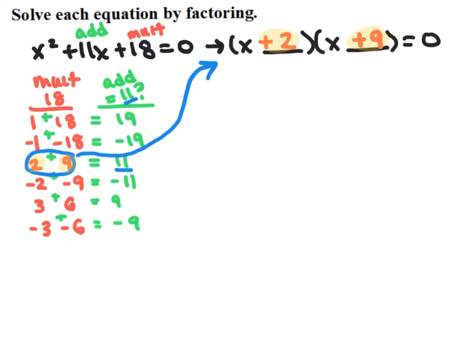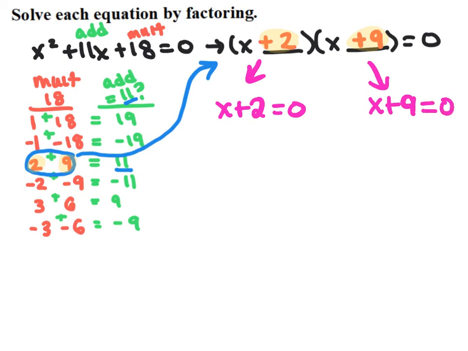Now if I want to do the last part to solve, we have to set them both equal to 0. So x plus 2 equals 0 and x plus 9 equals 0. To solve the equation on the left, I would subtract 2 from both sides, so you get x equals -2.